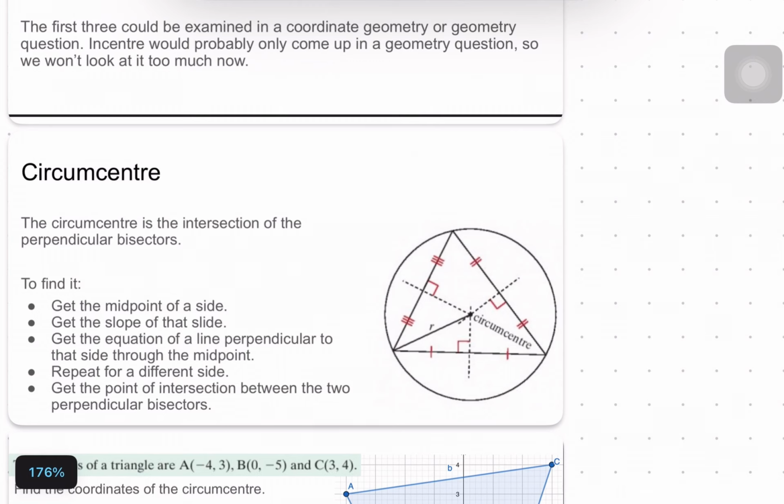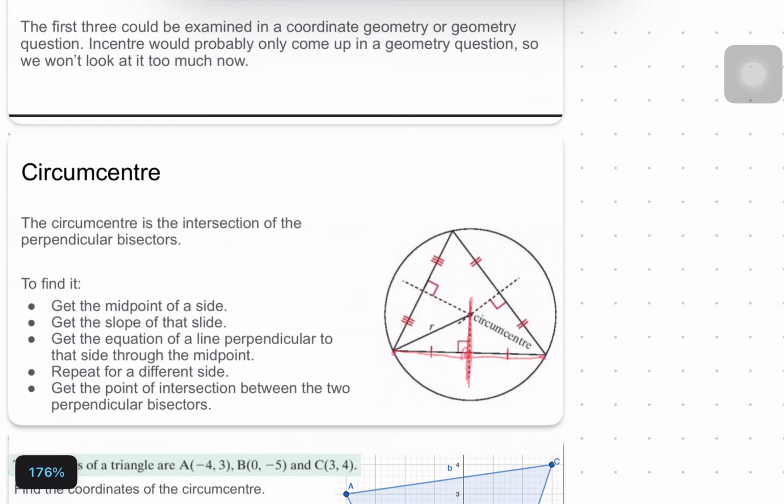So to find the perpendicular bisector of the side of a triangle, we will get the midpoint of that side. The perpendicular bisector will go through the midpoint. We will find the slope of the side, then flip it and change the sign to get the slope of the perpendicular bisector.